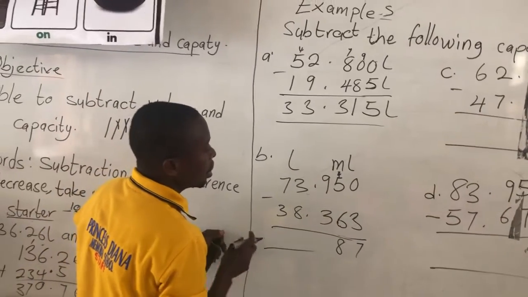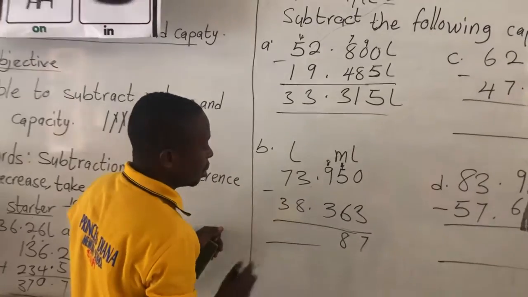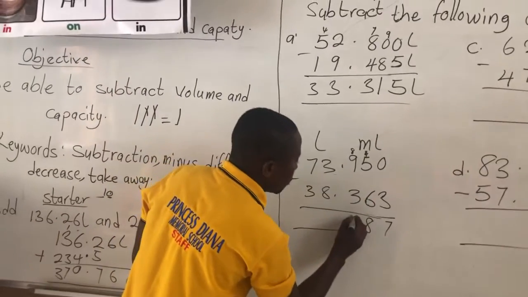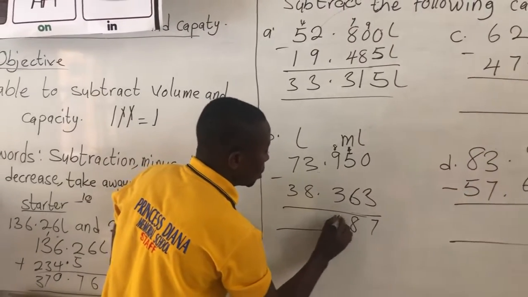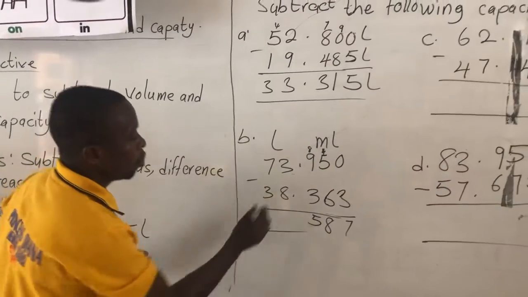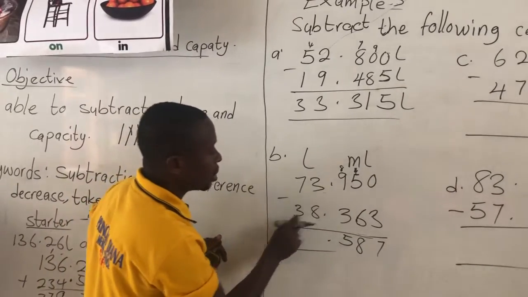Then let's continue. This place is left with 8, since we borrowed 1 from the 9. So 8 minus 3 will give us 5. We always bring our points. Then we have 3 minus 8.